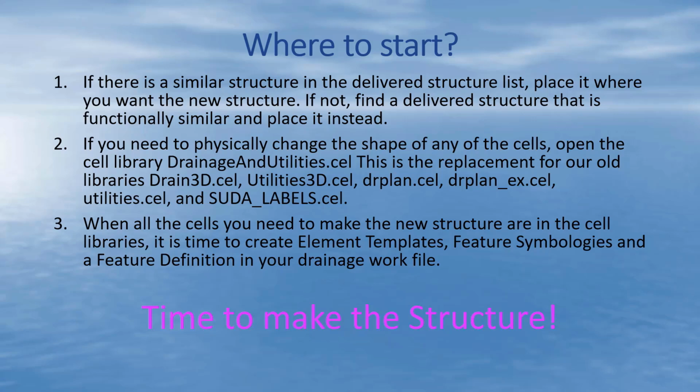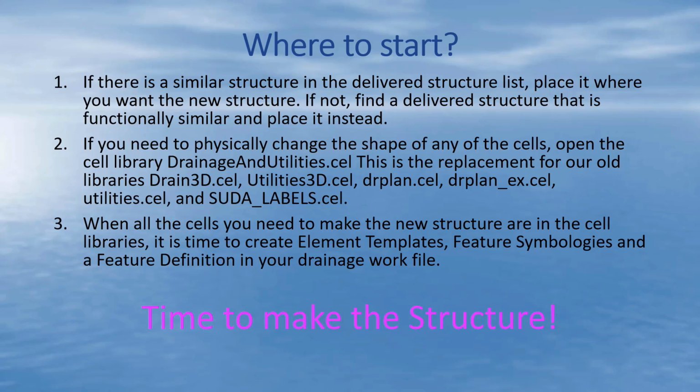When all the cells you need to make the new structure are in the cell libraries, it's time to create element templates, feature symbologies, and a feature definition in your drainage work file. So this means you go and save drainage and utilities.cell so that all of the cells within it are available.